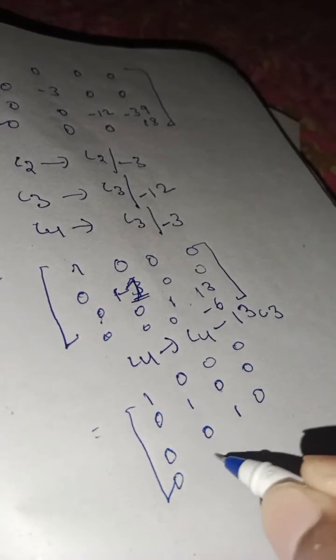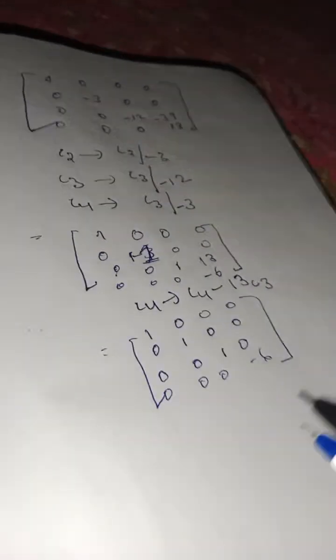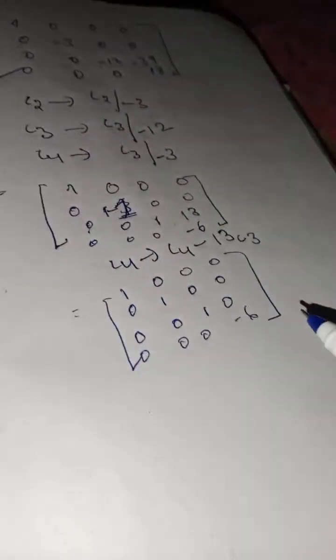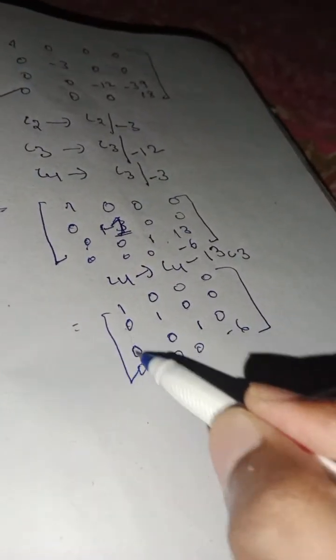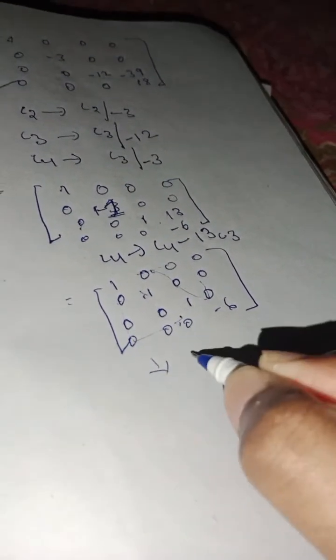So 0, 0, 0 minus 6. So once when we clearly observe that the principal diagonal elements are 1 or more than 1. Now upper triangle is 0 and here we got zeros. So now the matrix reduced to normal form.